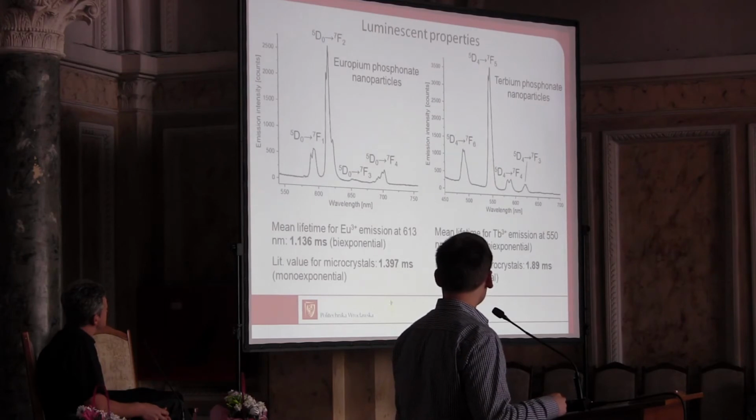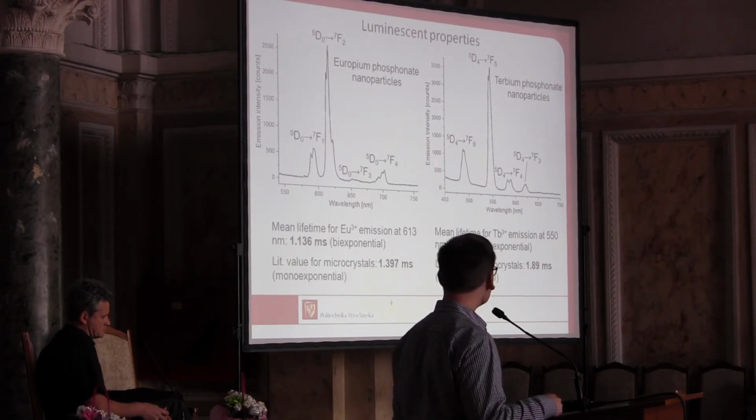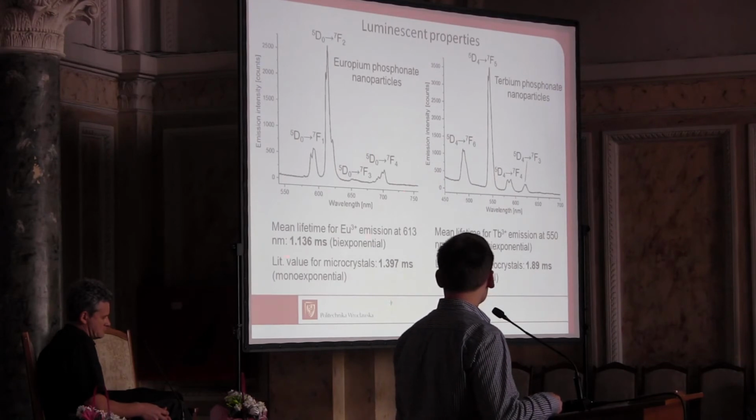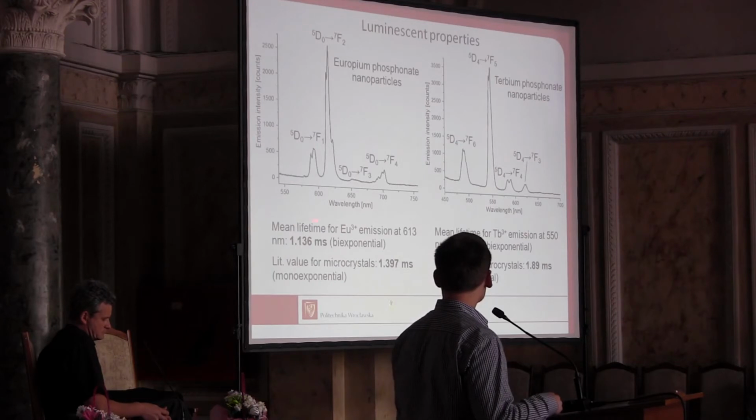And finally, here I am showing the luminescent properties of europium and terbium phosphonate nanoparticles. In the previous work, authors reported that the lifetime is about 1/4 millisecond and the decay is mono-exponential.